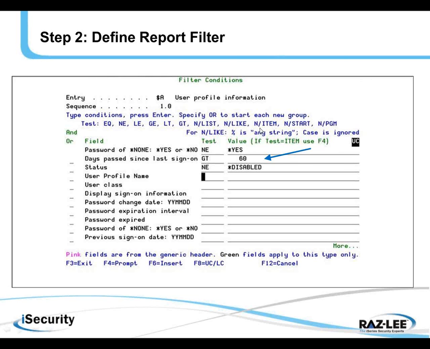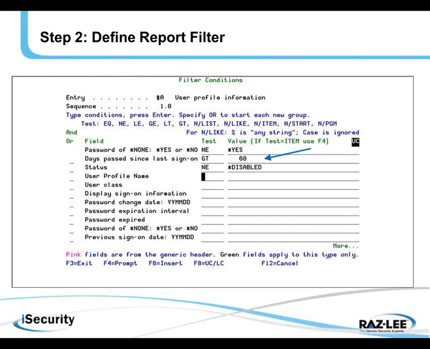Item and not item is interesting. I can set up a group of similar items or objects, and I can then ask, I'd like to filter this query by user classes which appear in a particular group item. And this can be determined again at runtime.